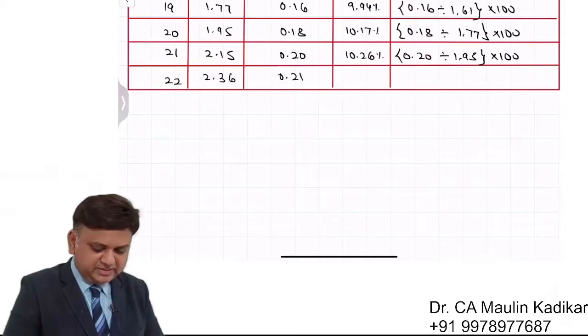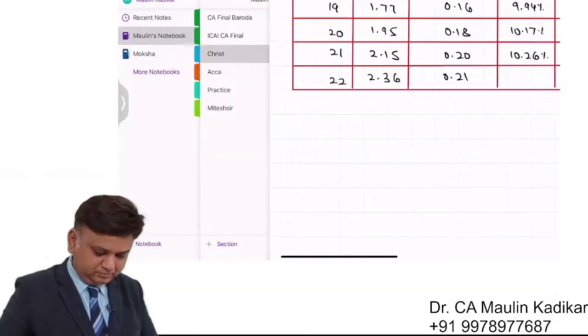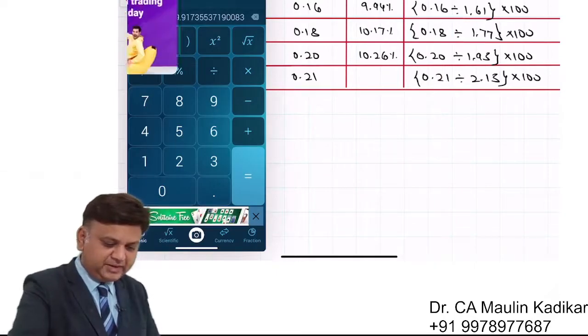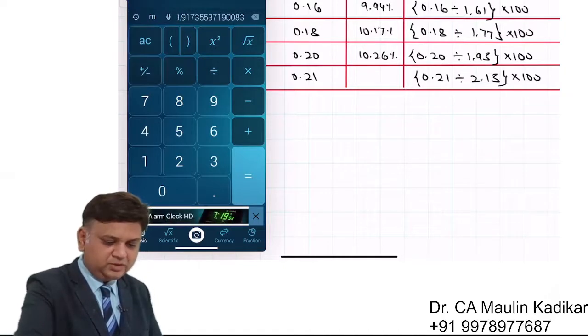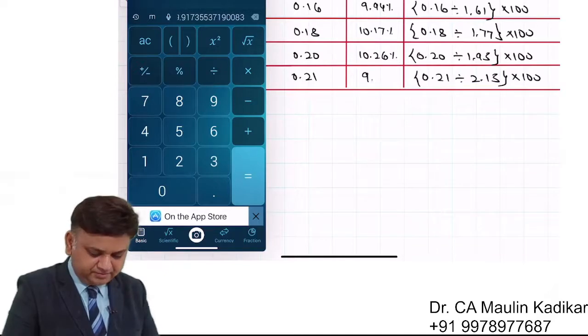So 21 paise divided by 2.15 into 100 is 9.77 percentage.